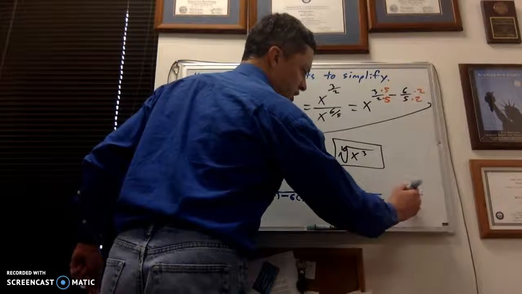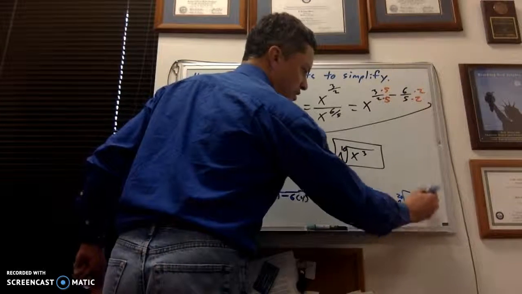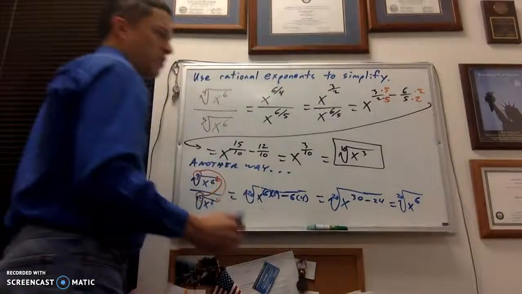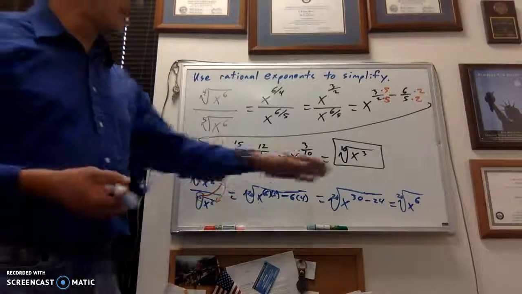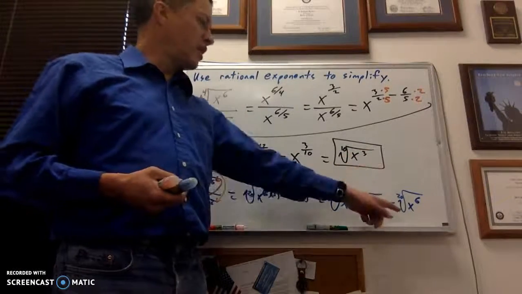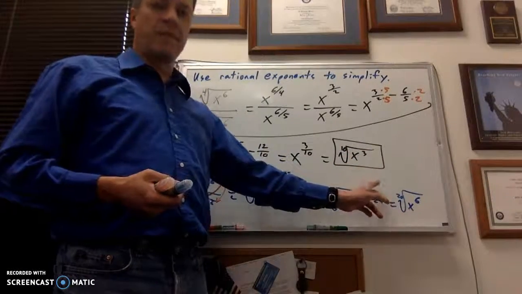That's the 20th root of x to the 6th. But then you might be thinking, okay, I know I tried this in part 8, it worked out, I got the same answer here as I did here, but wait a minute, I didn't get the same answer this time.